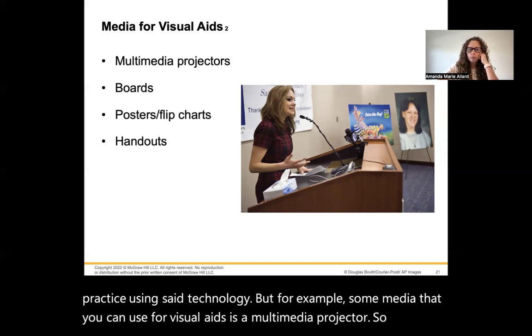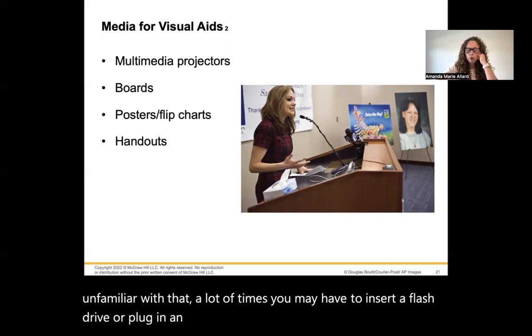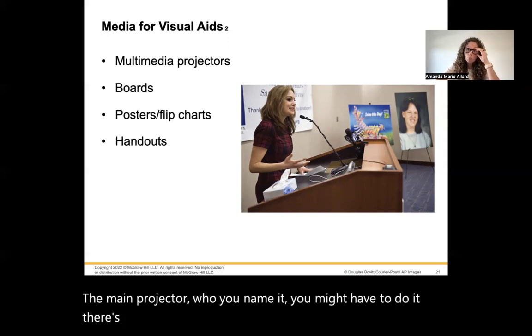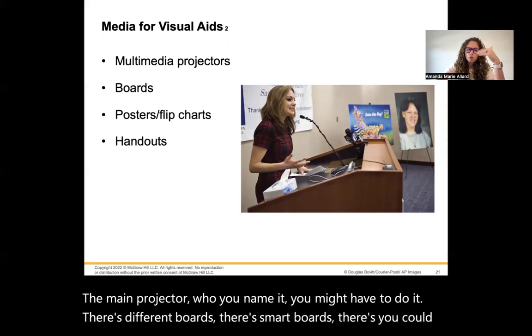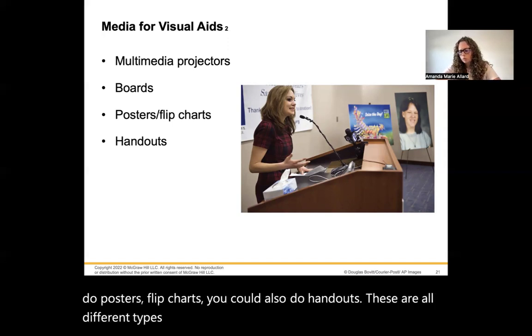If you are unfamiliar with that, a lot of times you may have to insert a flash drive or plug in an HDMI cord from your computer to the main projector. You name it, you might have to do it. There's different boards. There's smart boards. You could do posters, flip charts. You could also do handouts. These are all different types of media forms for visual aids that accompany your presentation.